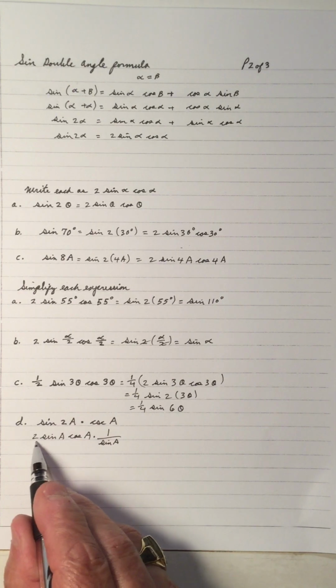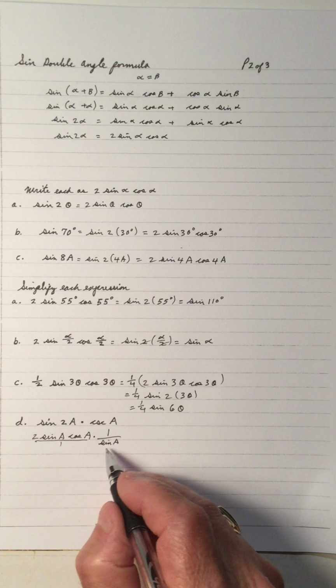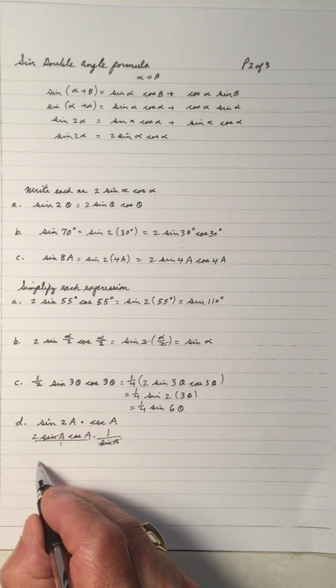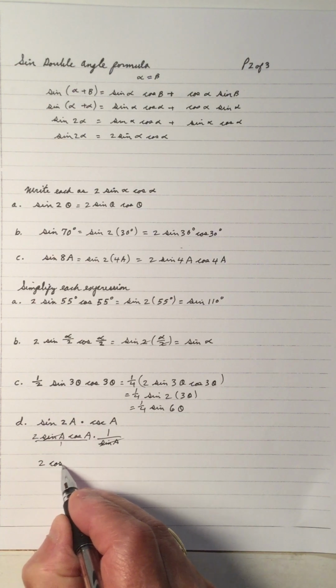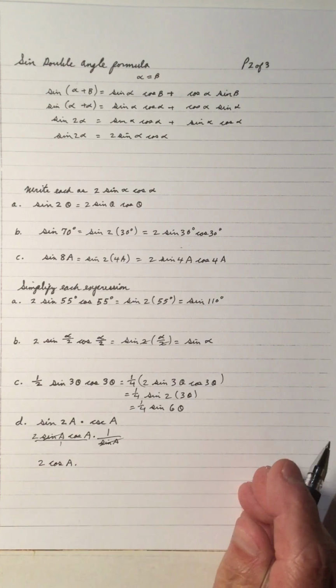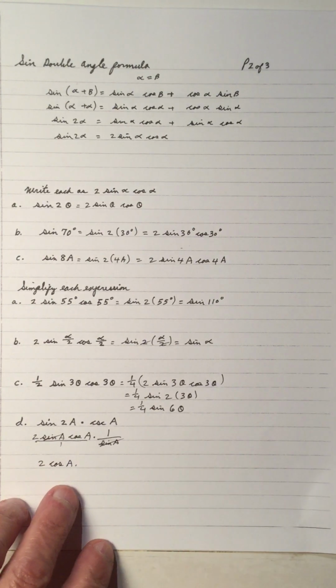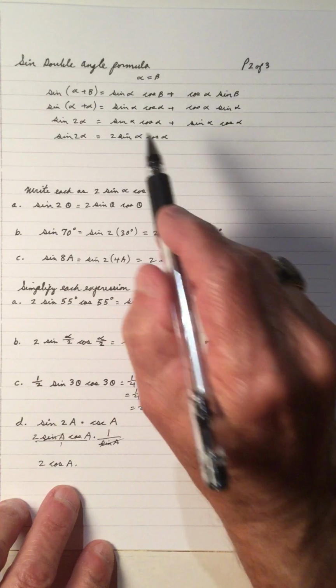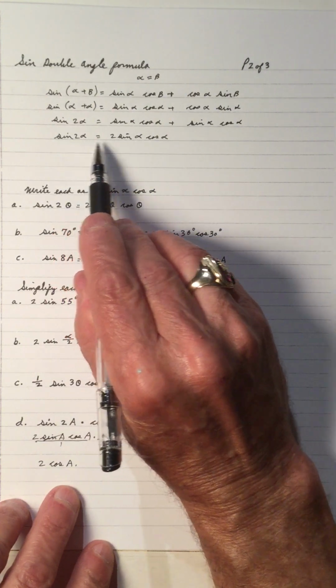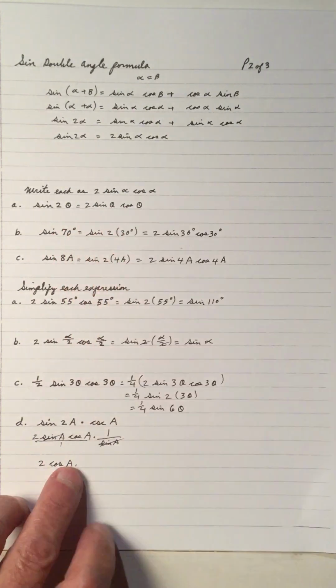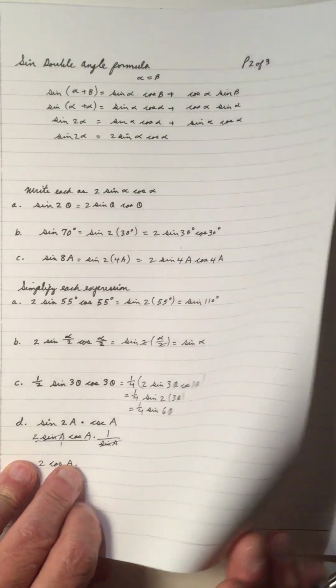Notice this is over 1, so the sine a cancels out, and this becomes 2 cos a. Again, the sine of 2 alpha is 2 sine alpha cos alpha. Keep that in your memory bank. Don't forget it. You'll always need it.